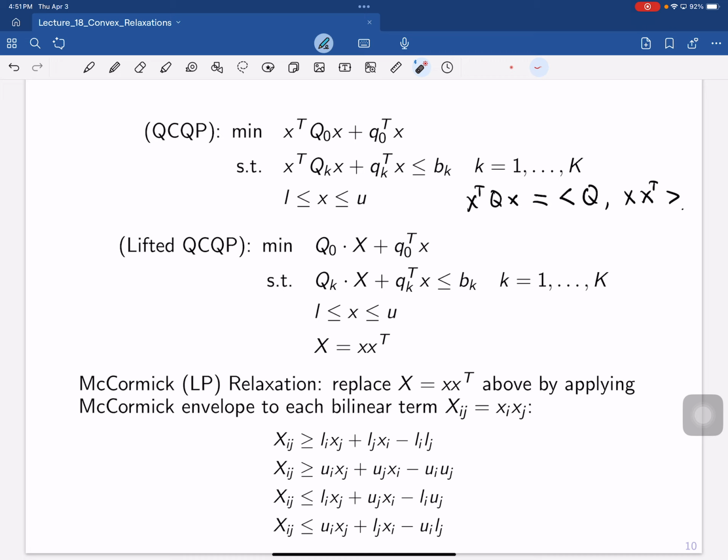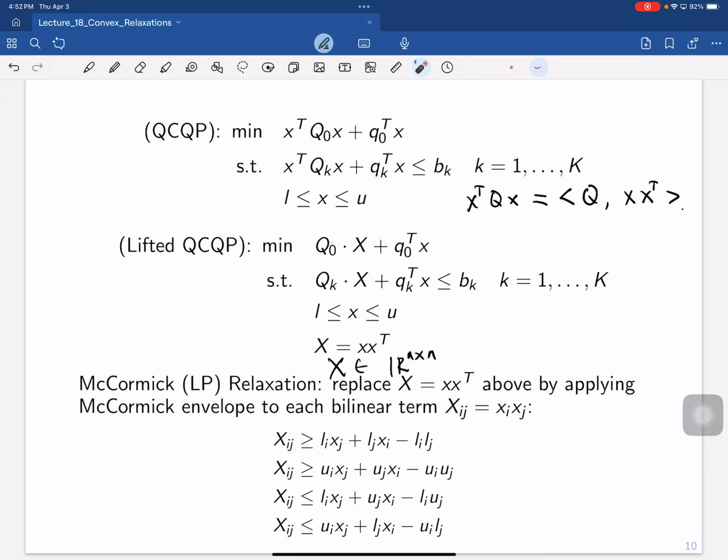Okay, so now let's define the capital X. Capital X is an n by n matrix, defined to be XX transpose. And then you can linearize all the quadratic functions here, right? Because you replaced the variables. All the quadratic terms are replaced, and then you get some linear terms, right? Then all the nonlinearities will be gathered into this constraint, X equals XX transpose.